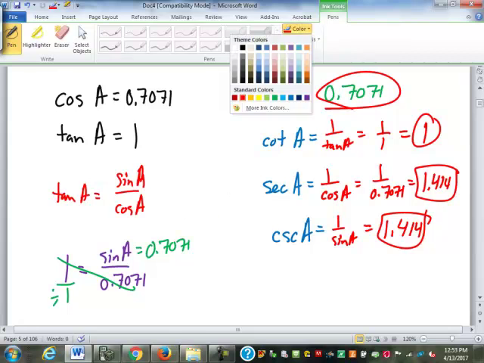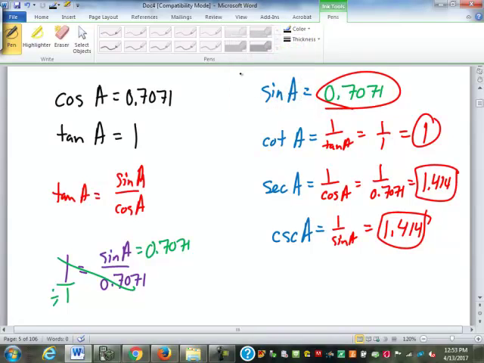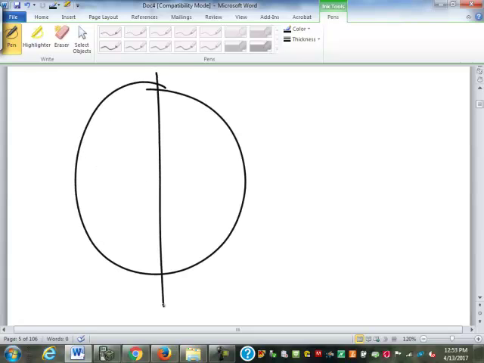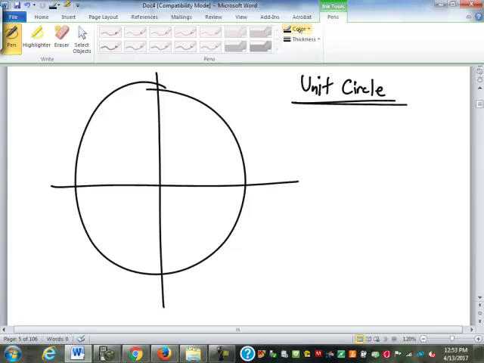Cool. I'm going to show you something else that's kind of cool then. Unit circle. What dimension, in the unit circle, what dimension do we always know? The radius. And the radius equals 1.